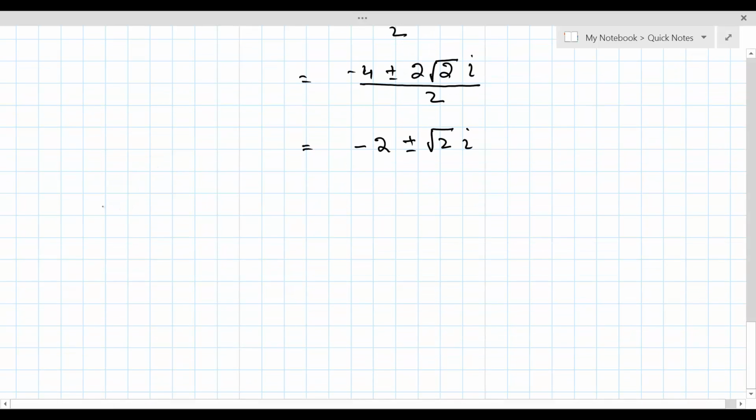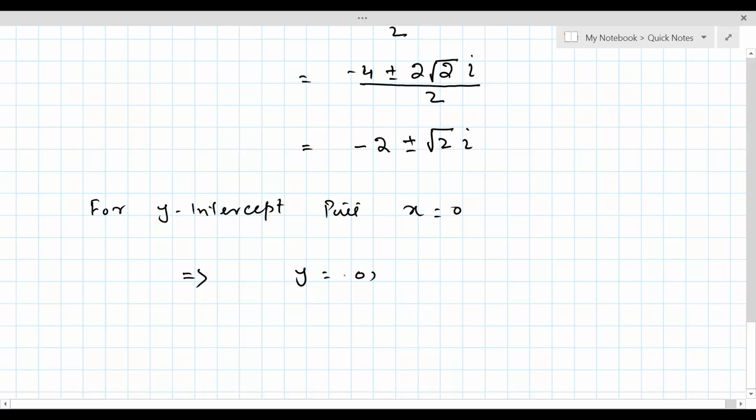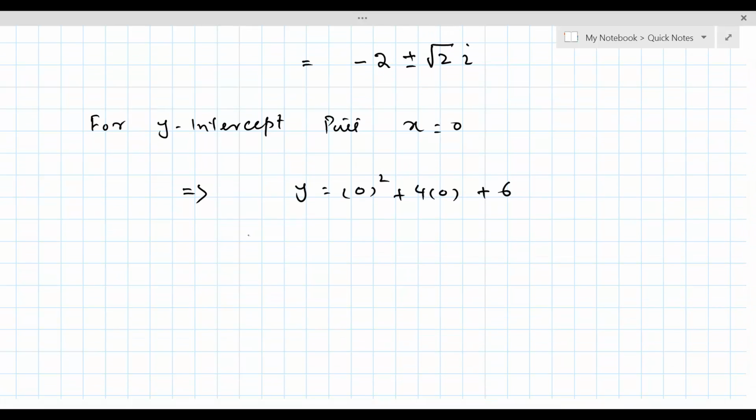For finding the y-intercept, put x equal to 0. And if that is the case, then y, which is in fact equal to f of x, is equal to 0 squared plus 4 times 0 plus 6, means y is equal to 6.